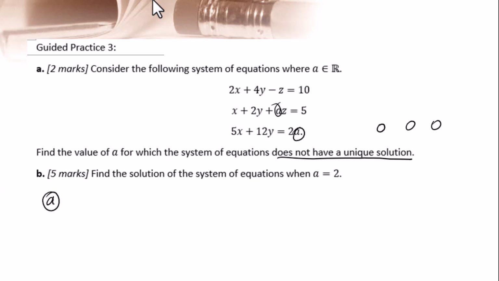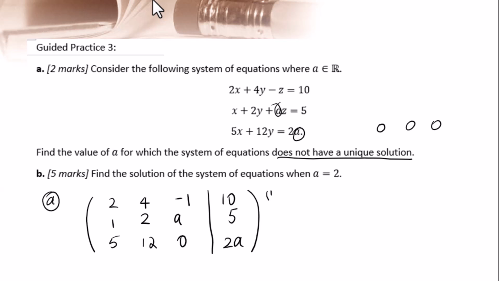Therefore, we need to change this system of equations into augmented matrix form. Let's label row 1, row 2, row 3. The first step, we try to make this number equal to 1. We can exchange row 1 and row 2.